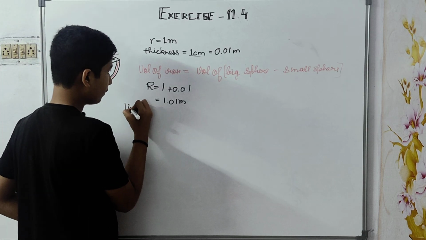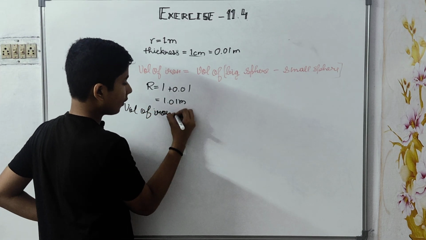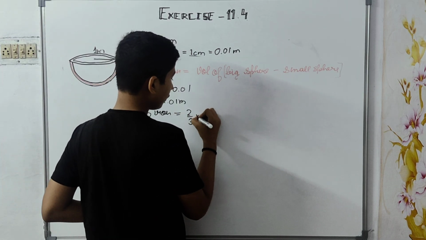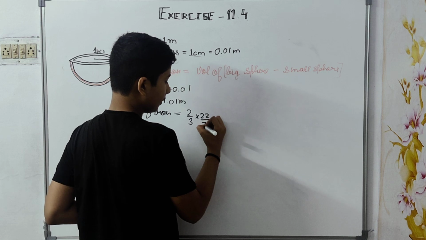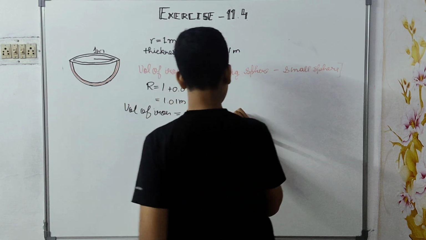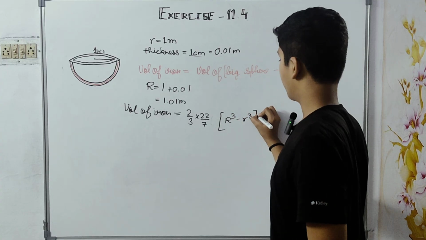Now volume of iron equals 2 by 3 into 22 by 7 into bracket big R cube minus small r cube.